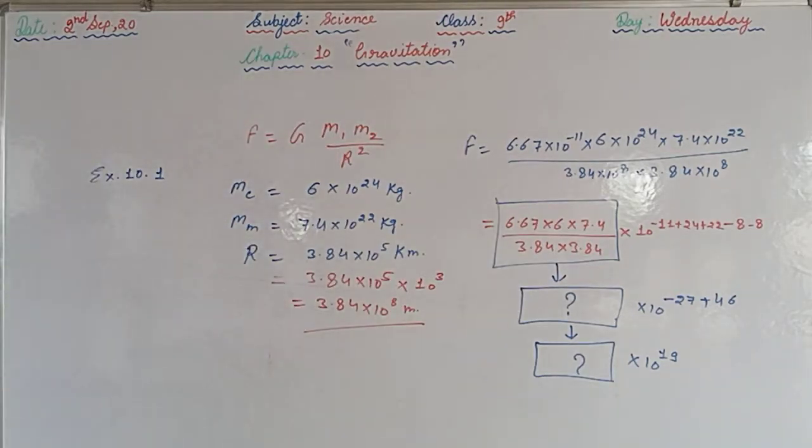Now question number 2: write the formula to find the magnitude of the gravitational force between the earth and an object on the surface of the earth. Okay, we will discuss that.